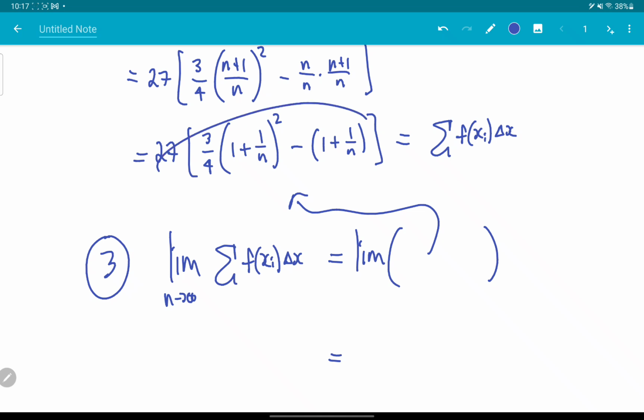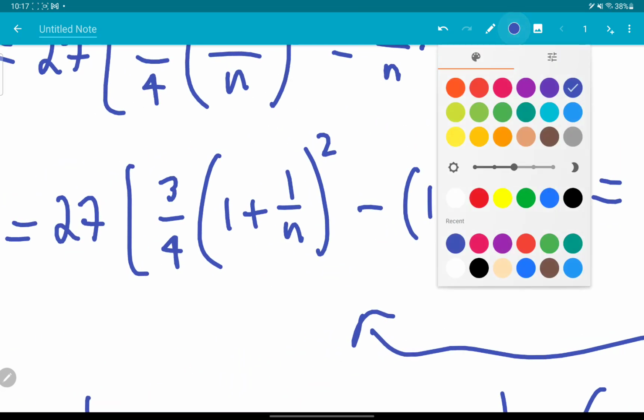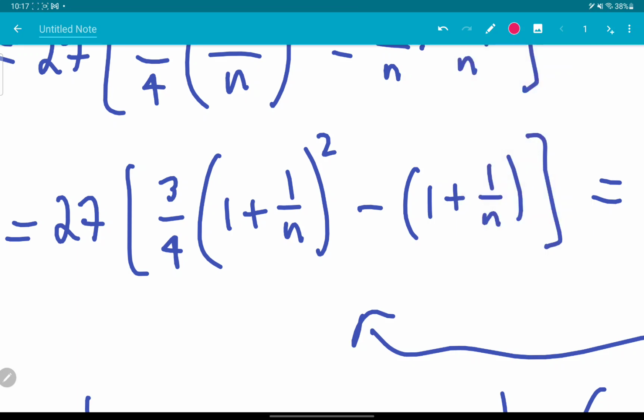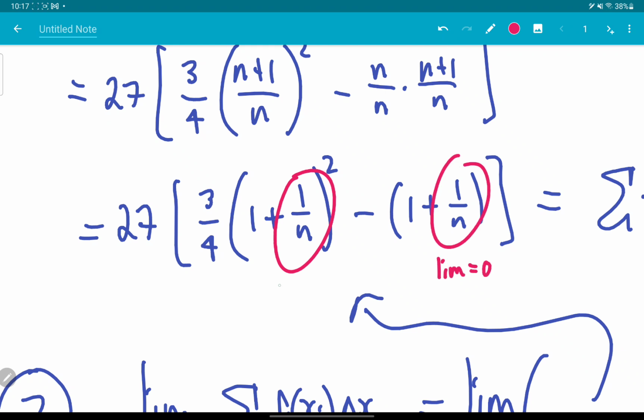So I'm doing the limit of this guy as n goes to infinity. So what is happening? Well, the way I've arranged it, I've made my life quite easy, okay? The only place n is appearing is here and here, and the limit in both cases is 0.